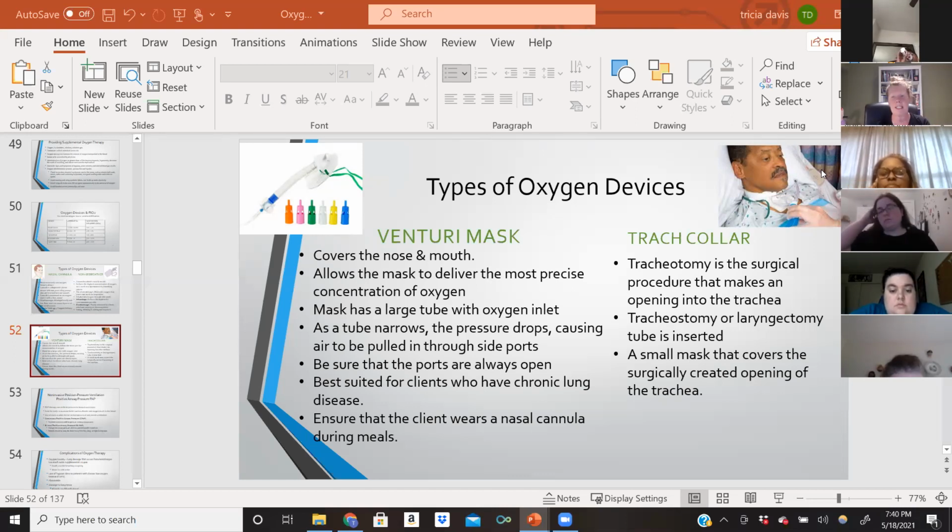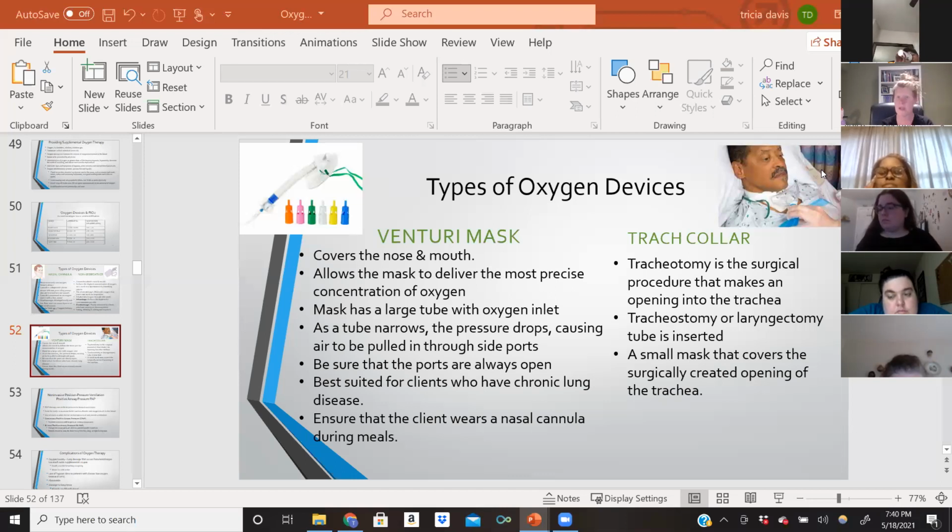So the tracheostomy is a surgical procedure that we make into the opening of the trachea. Some patients get trachs and it's permanent. They will always have it. Some patients, if they are in intensive care for a certain amount of time, you can only leave someone on mechanical ventilation for a certain amount of time. If you know they're going to need mechanical ventilation for a longer period of time, you have to give them a trach. Sometimes it's just temporary.